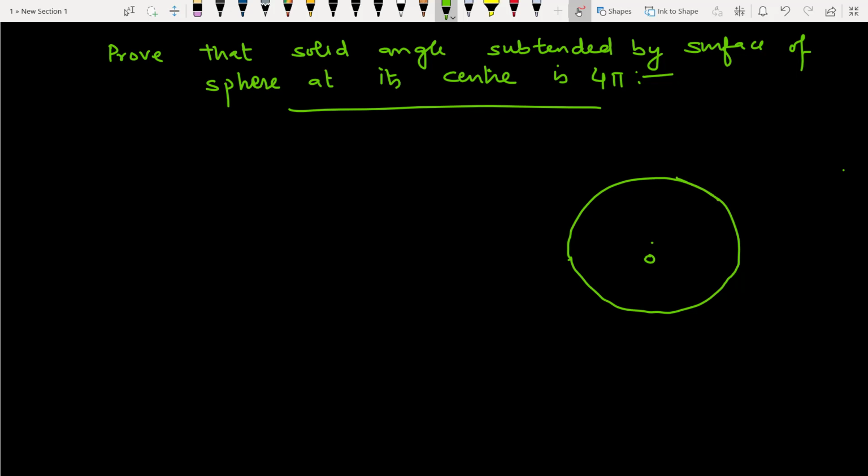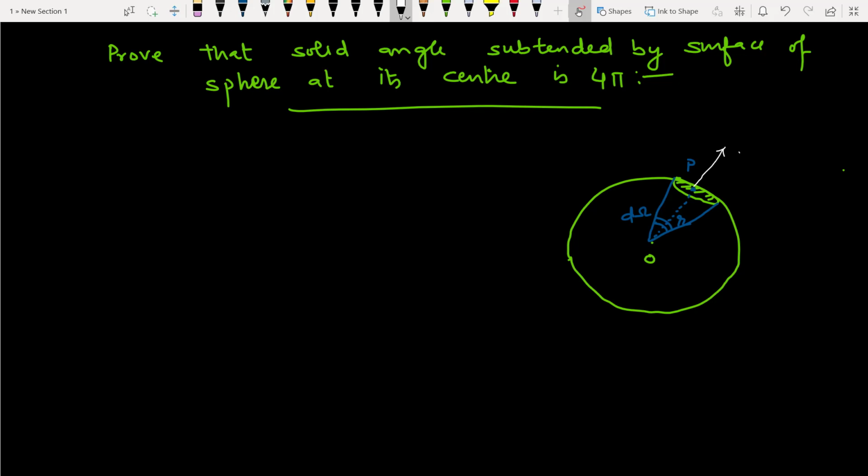So we have to calculate the angle subtended by the whole sphere. For that we assume a small area element about point P at a distance small r from O. This is the small solid angle subtended by forming the cone at O by a small surface element.